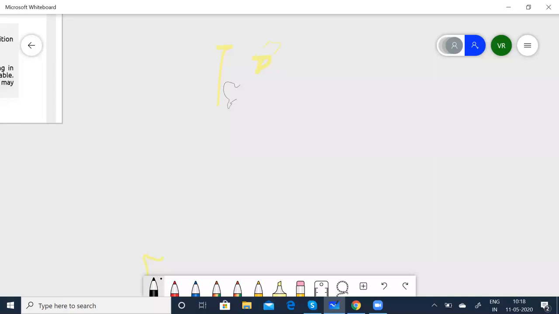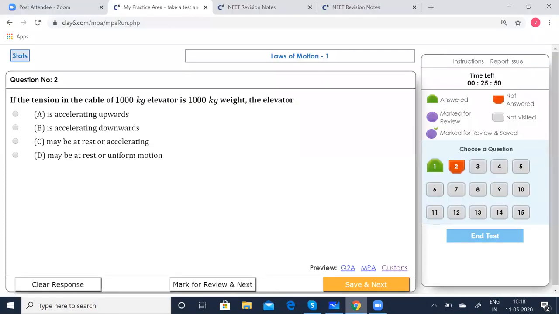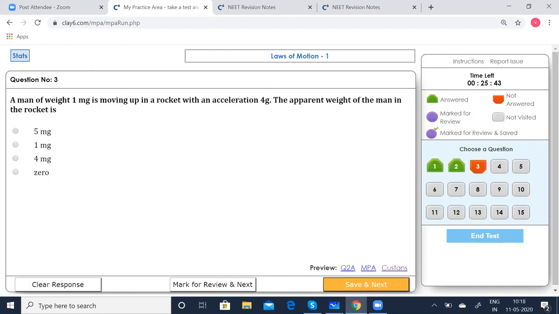Here the acceleration is equal to 0. That means the elevator can be at rest or at uniform motion. This is what is being mentioned. So let's quickly see what is given in the options. Maybe at rest or at uniform motion, so option D is going to be the correct answer. Let us save and go to the next.